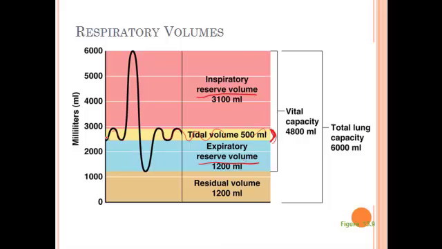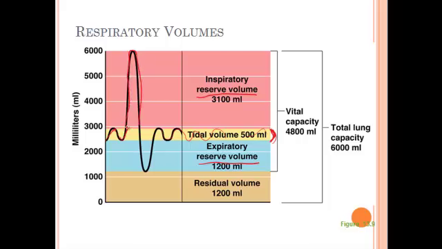So let's say you breathe in your 500 milliliters. You can try this at home as you're listening to this. Take a normal breath in. Just a normal breath. Don't try to pull in more than usual. Once you do that, then breathe in even more. Breathe in then as much as you can.